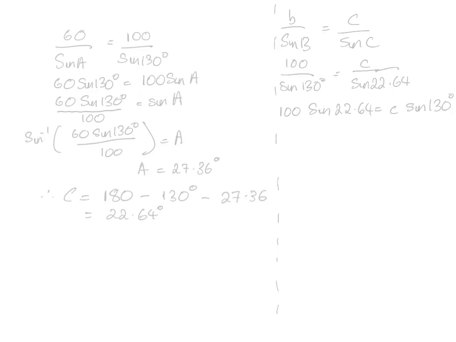I want to get C by itself. It's times by the sine 130, so I'm going to divide, and I get 100 sine of 22.64, all divided by sine of 130 degrees. C, therefore, is equal to 6.01.